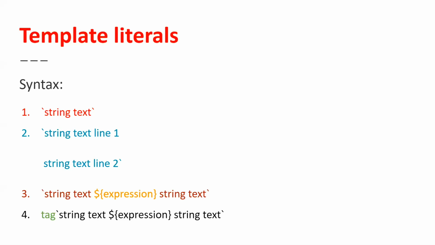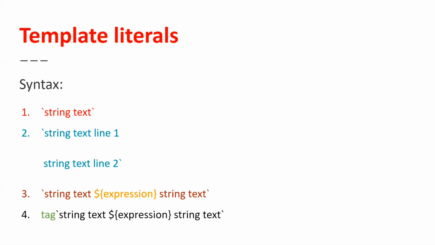If we want to achieve multiple lines, then in the second example you can see we pass double lines, or however many lines, inside backticks, and you get the output the same way. So you don't need any escape character to wrap these multiple lines.